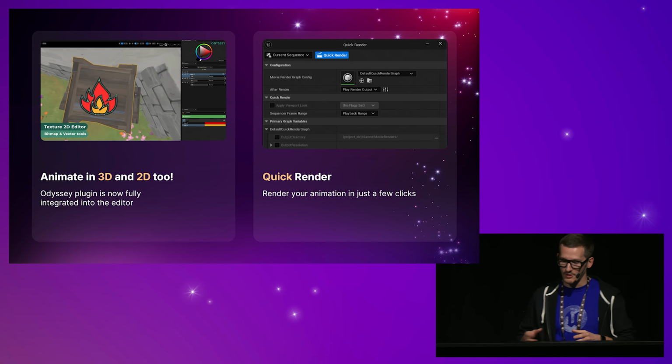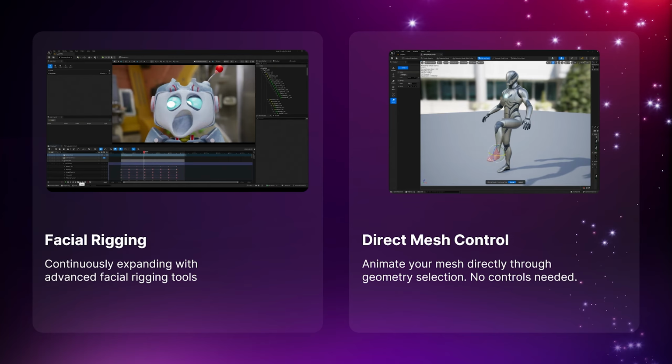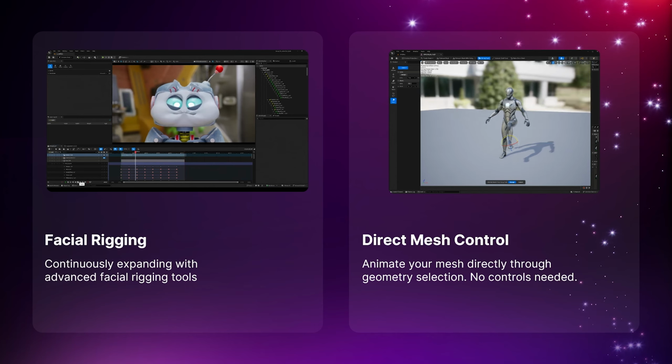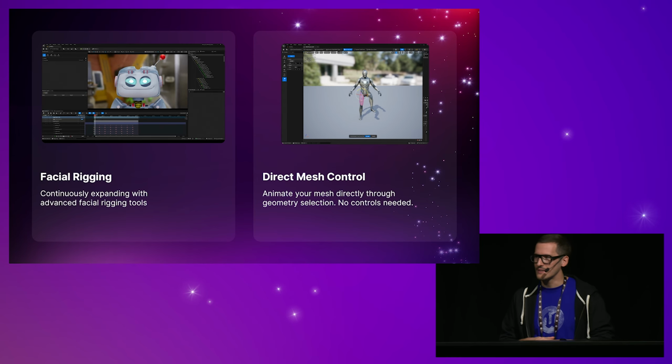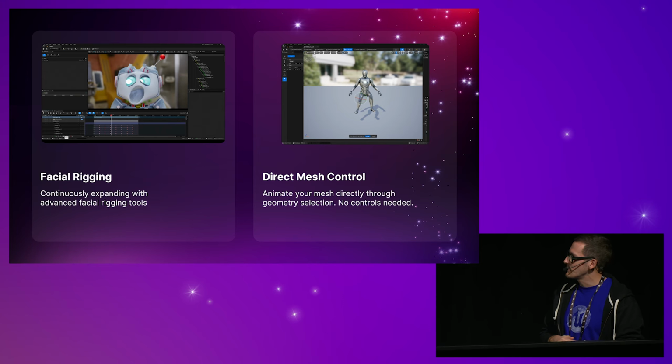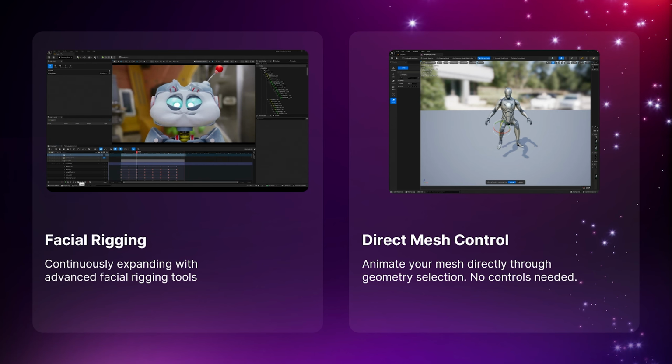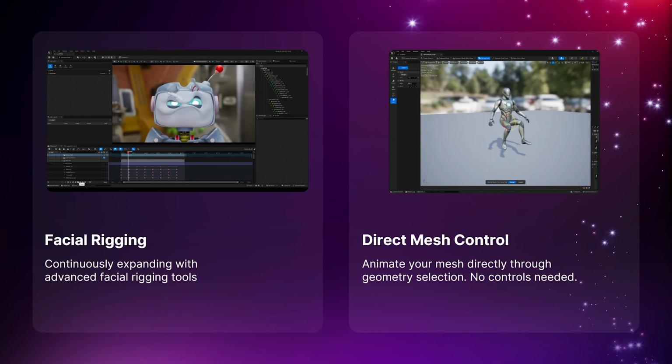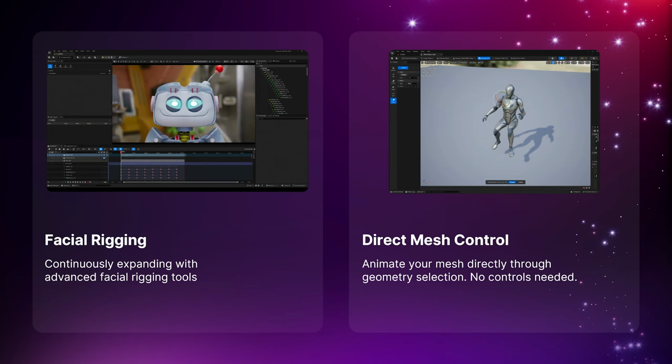So in terms of the future, we really want to focus on the facial rigging aspect. I don't have any specific features to announce, but just to let you know that we know that it's really a big deal for us and for you. So we want to focus on that as much as we can. And on the right side, we have the direct mesh control that will be available really soon in an experimental way, meaning that just like using polygroups, you can define a selection and you can just drive your mesh without having to rely on controls.